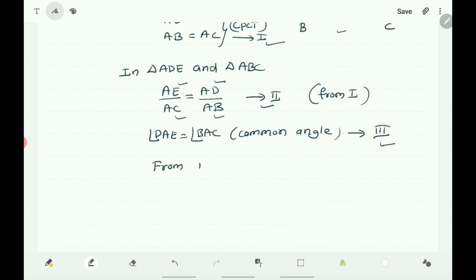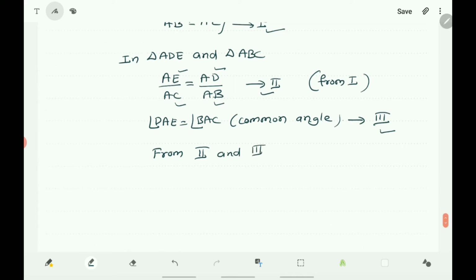From second and third, what you can write here? Triangle ADE is similar to triangle ABC according to which similarity criterion? Here two sides are in the same proportion and included angles are equal, so you can consider it is an SAS similarity criterion.